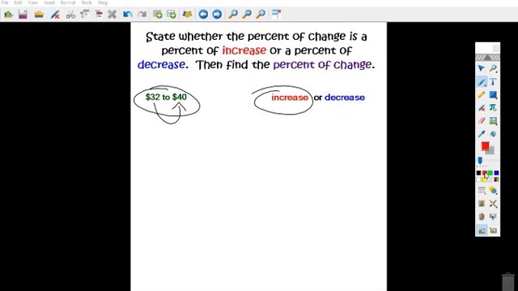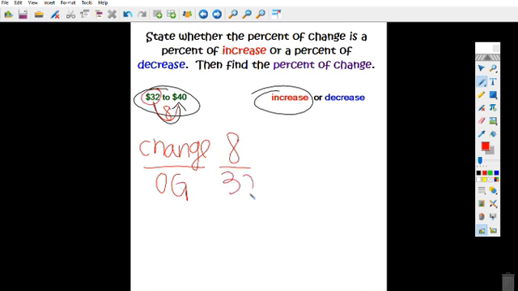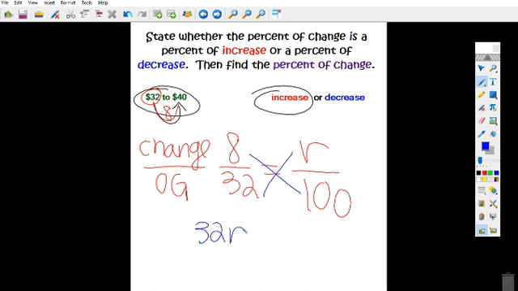Okay? So, my change from 32 to 40 is $8, over my original, which was 32, equals R, that's what we're solving for, the rate, over 100. Now, this is a proportion. You cross multiply. Draw the x's. 32 times r equals 100 times 8, 800.